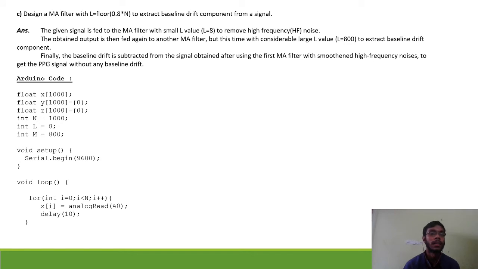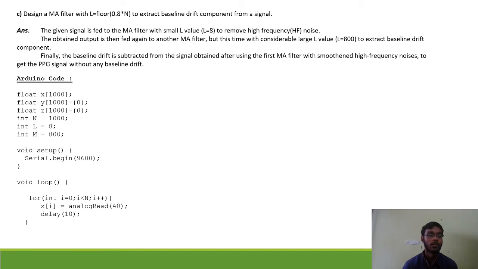Now in the third one, design a moving average filter with L equals floor(0.8 * n) to extract the baseline drift component from a signal. As I explained, the baseline drift is the variable DC offset added to the main PPG signal.